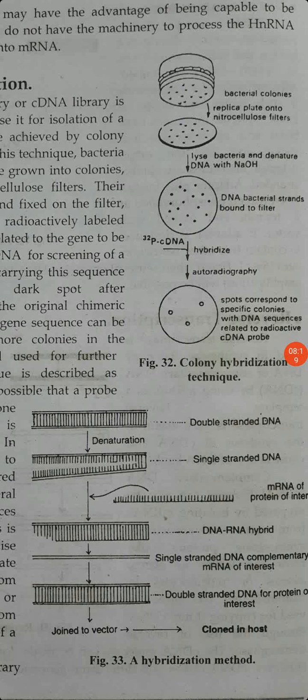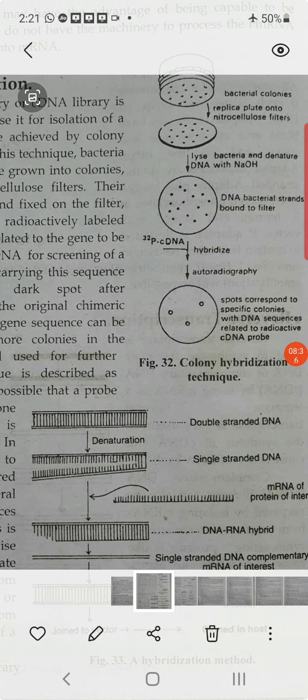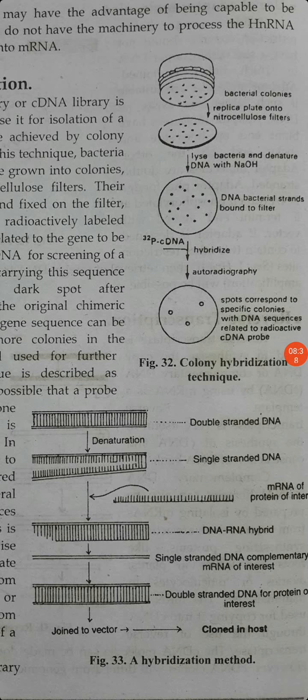Then the mRNA of protein synthesis, RNA-DNA hybrid, single-stranded DNA, double-stranded DNA, and here it is joined to a vector that is cloned in a host. The upper one is the bacterial diagram and the lower one is the gene diagram, showing how it is cloned in the host.